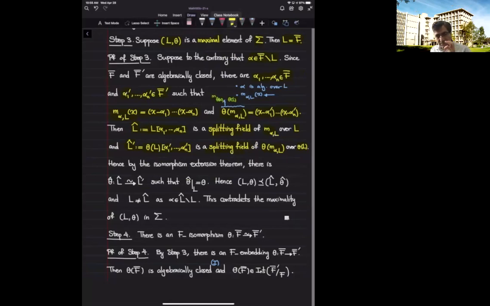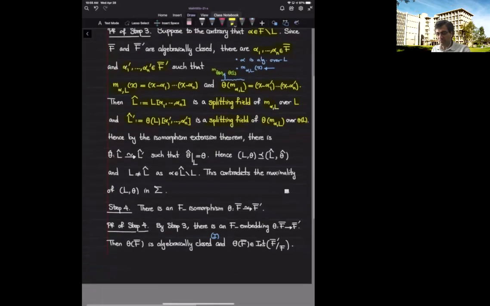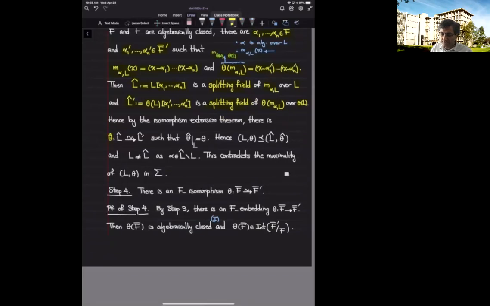By the isomorphism extension theorem, we showed, or it was part of the uniqueness results of the splitting fields as well, we can always extend this isomorphism between the base fields to an isomorphism of these splitting fields. So there exists this theta hat, which is an isomorphism of these splitting fields, so that when I restrict theta hat to the base field, I get theta back.